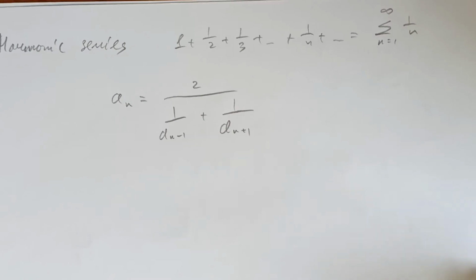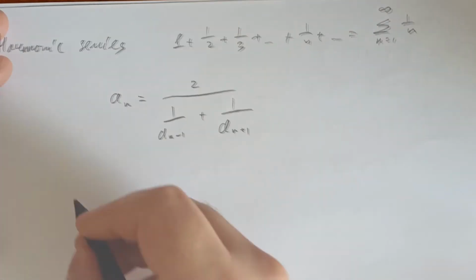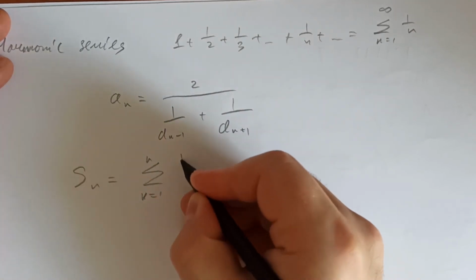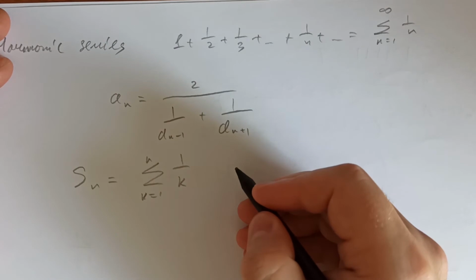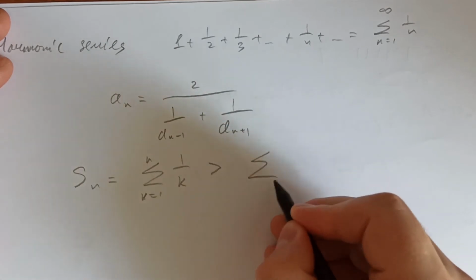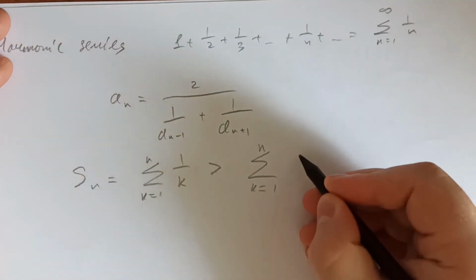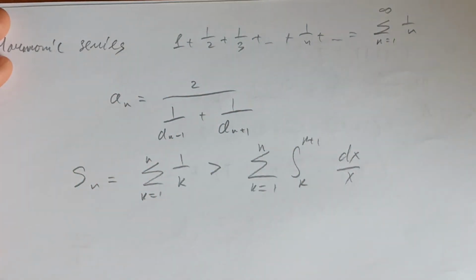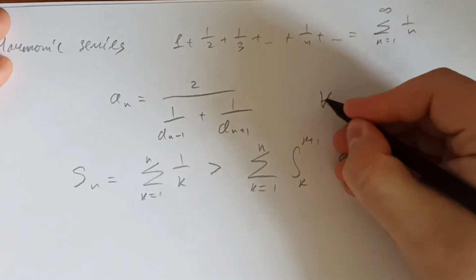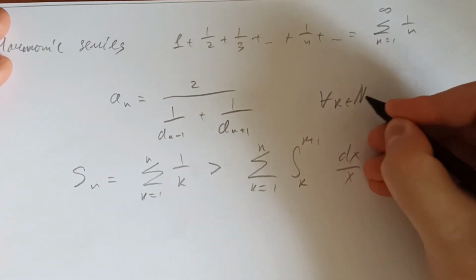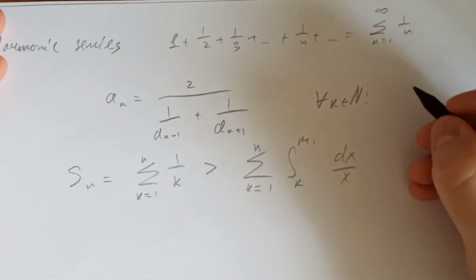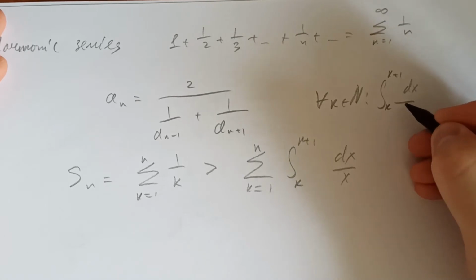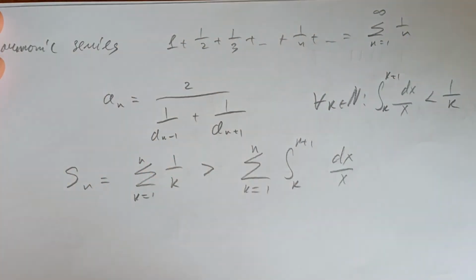So if we try to calculate this sum, we'll get the sum k from 1 to n of 1 over k, which will be greater than the sum k from 1 to n of the integral from k to k plus 1 of dx over x, because for every natural number k we have that the integral from k to k plus 1 of dx over x is less than 1 over k.